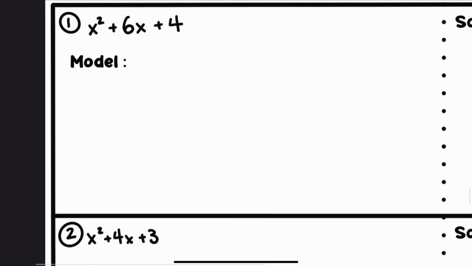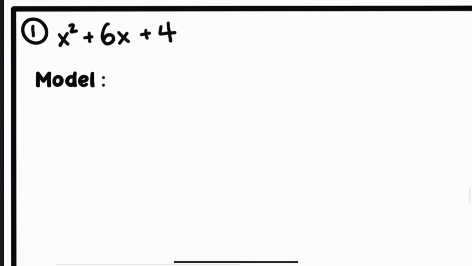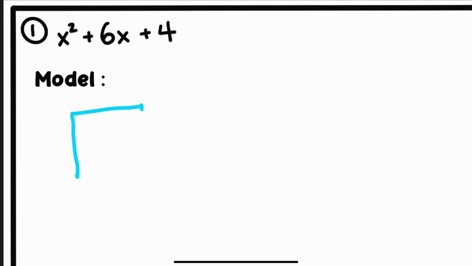So for the model, what I mean by that is we need to draw a picture. Now in class, we use these things called algebra tiles. And these algebra tiles had different shapes that represented different parts of our problems. So for this problem, we have an x squared. That's going to be a large box that looks like this.